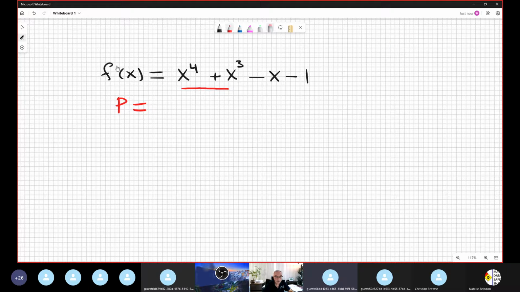So in this case, positive, no. Oh, negative, and this stays the same. Therefore, P is 1. Now we have only one positive real zero. Of course, we are talking about real, no imaginary.